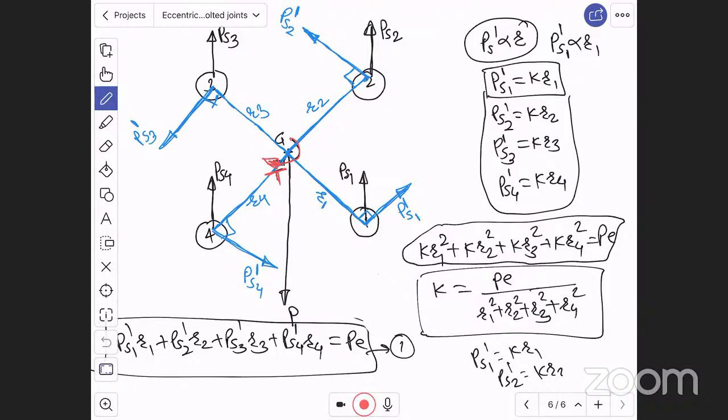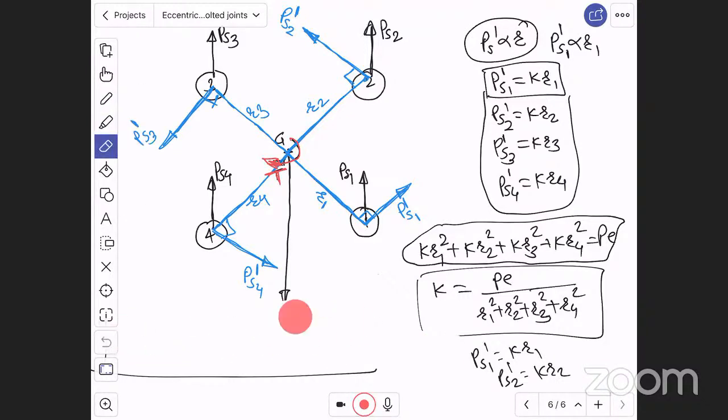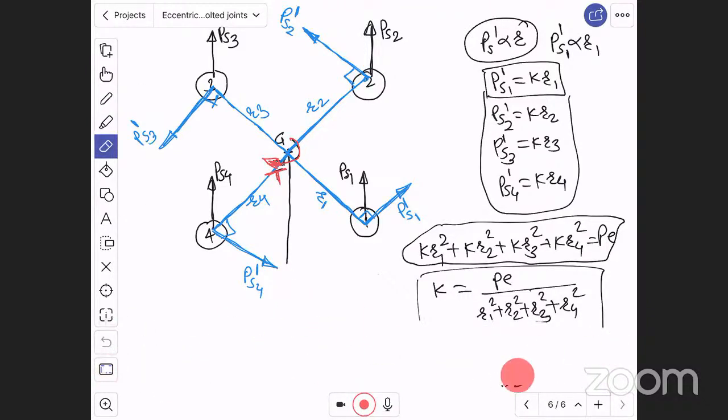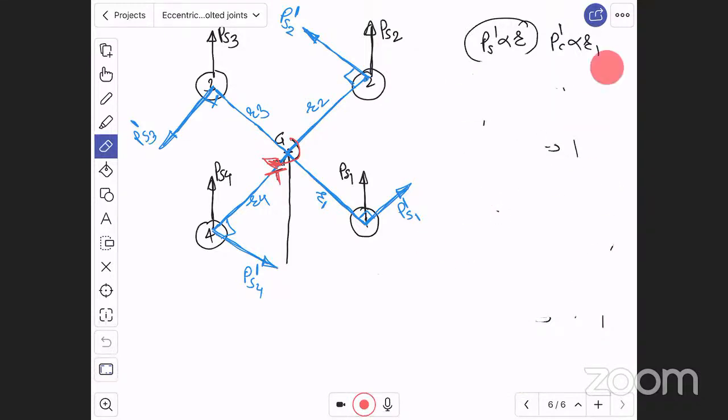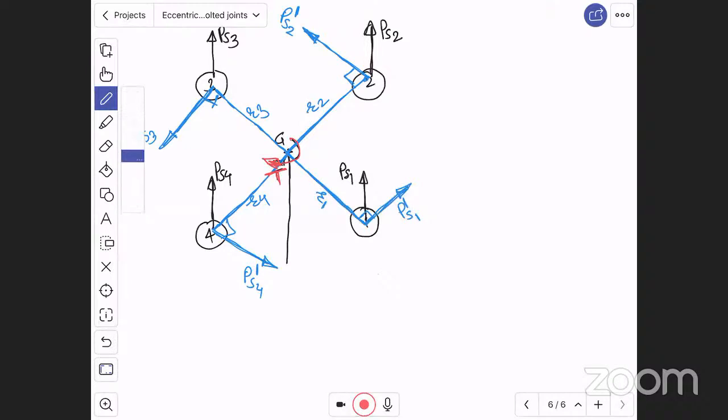Now let us go for the solution. अगर आपने कोई भी एक बोल्ट देखा, consider any bolt. My dear students, consider any bolt. The bolt is subjected to primary shear as well as secondary shear load. See here, in all bolts, the primary shear load PS1 is equal to PS2 is equal to PS3 is equal to PS4 is equal to total load divided by number of bolts, that is 4.